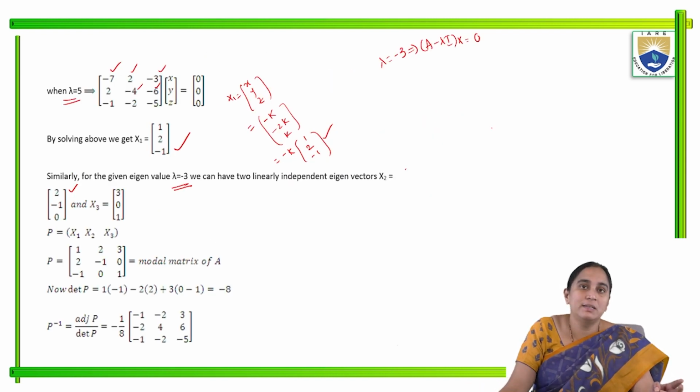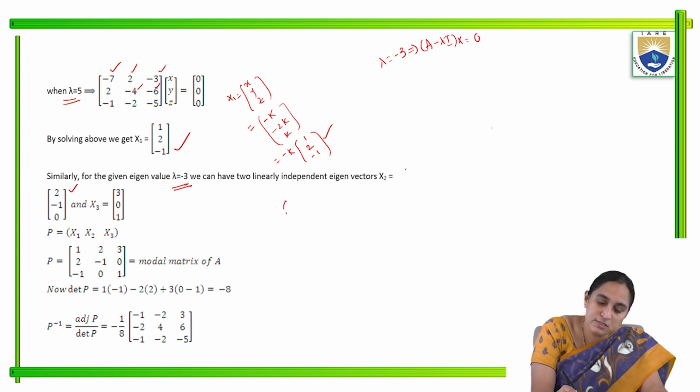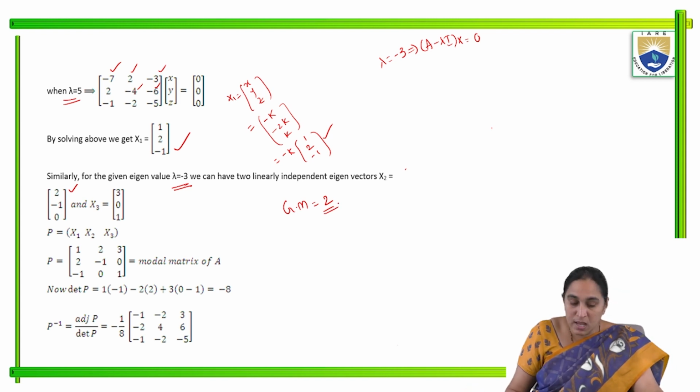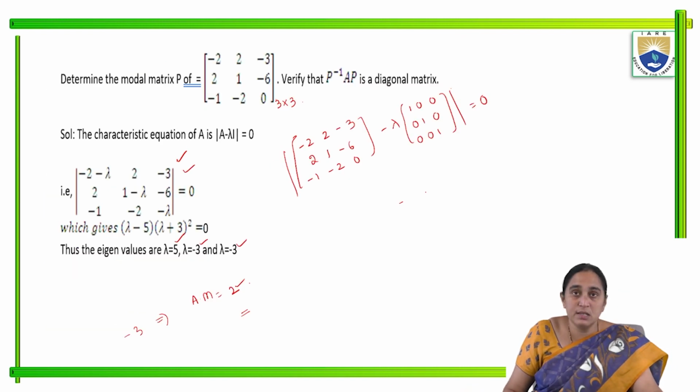For the similar eigenvalue lambda is equal to minus 3, we get 2 eigenvectors, that is x1, x2 as 2, minus 1, 0 and x3 as 3, 0, 1. Therefore, what about the geometric multiplicity? Here we get 2 linearly independent eigenvectors, so the geometric multiplicity is 2 and the algebraic multiplicity is 2.